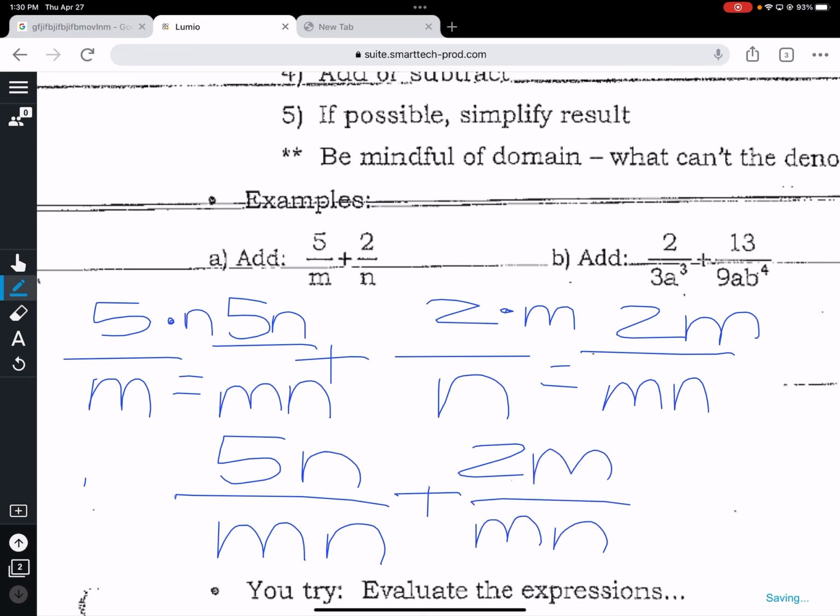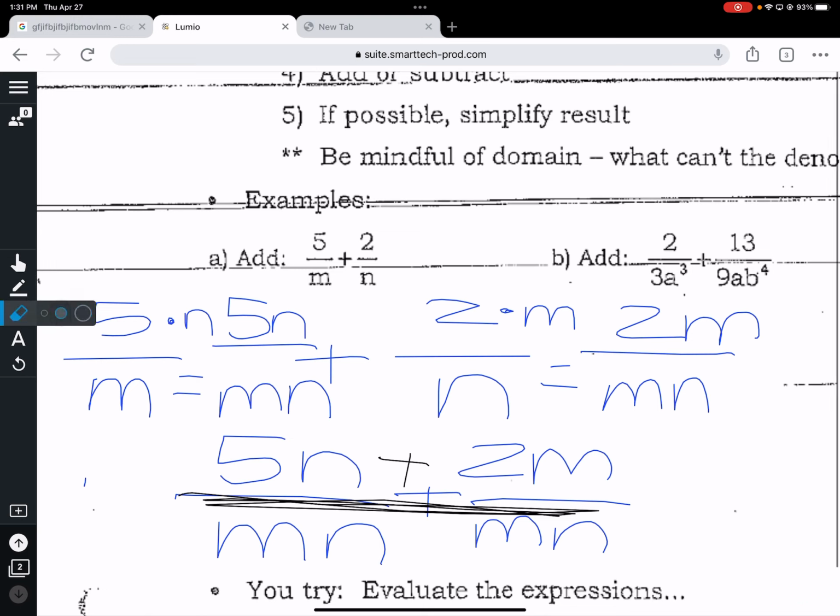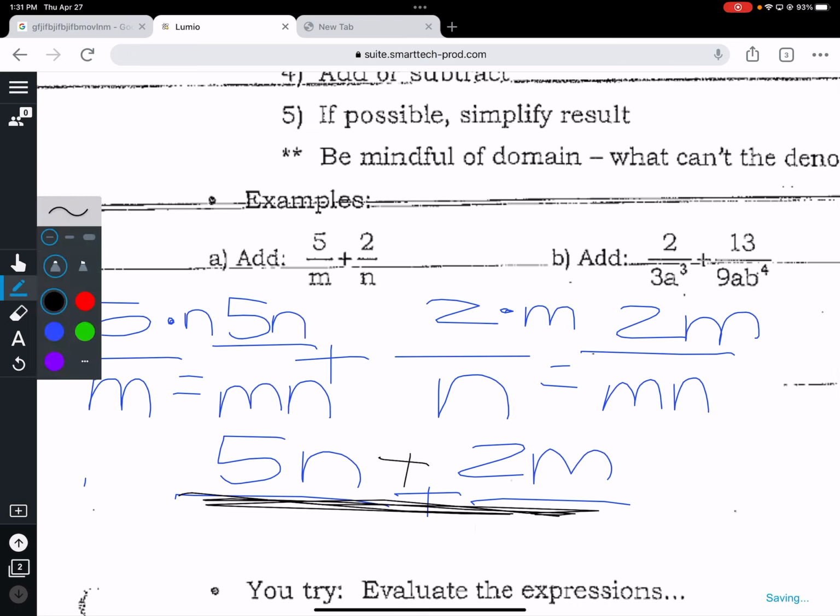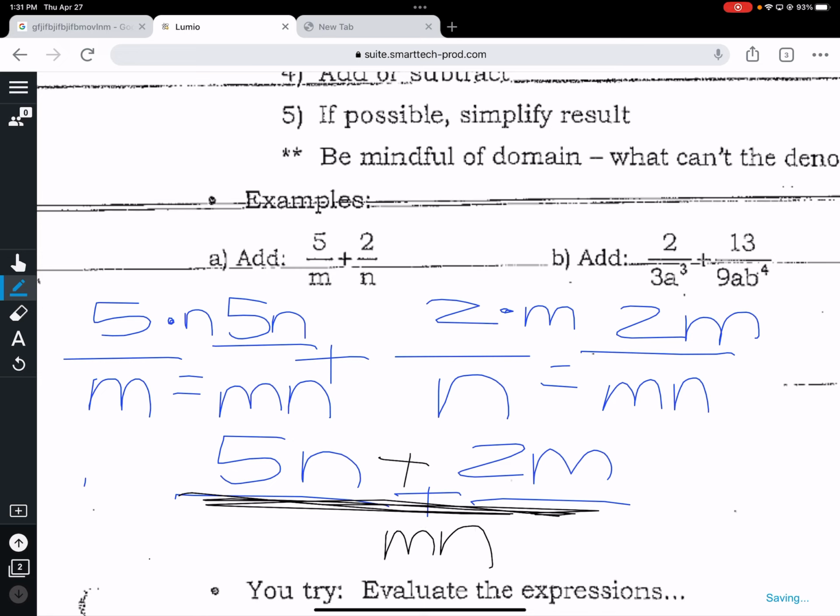Now our denominators are the same. When we add them, are the terms alike? No, we can't add them. So really, our final answer is this: 5n plus 2m over mn. And your excluded values would just be 0.